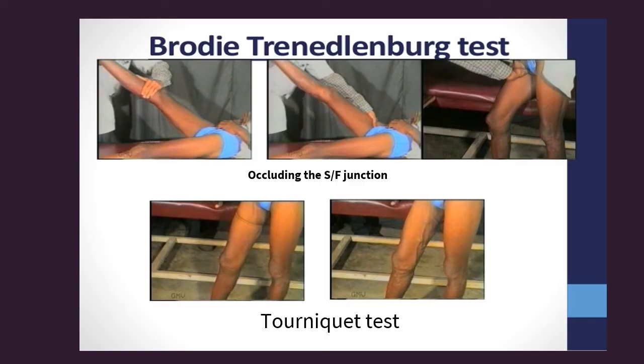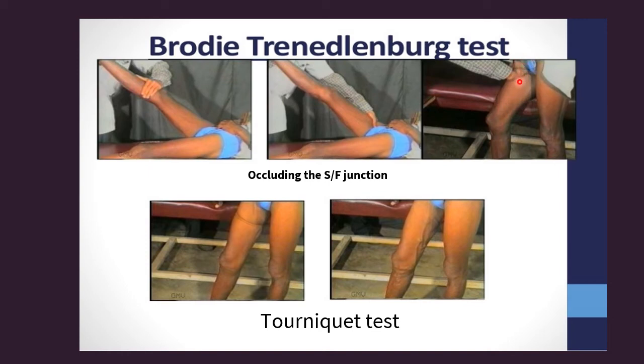Okay, this is the Brodie-Trendelenburg test. The patient is lying flat, the leg is elevated, and the veins are drained of blood. Then apply a finger to occlude the saphenofemoral junction and ask the patient to stand.